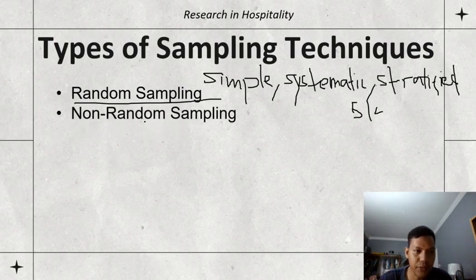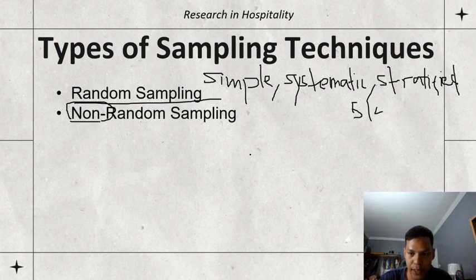The third one is non-random sampling. Non-random sampling involves non-random selection of participants. So you are not using random sampling, as the name says, non-random sampling. This technique includes convenience sampling, purposive sampling, quota sampling, and snowball sampling.